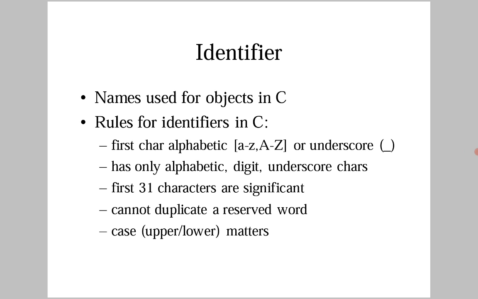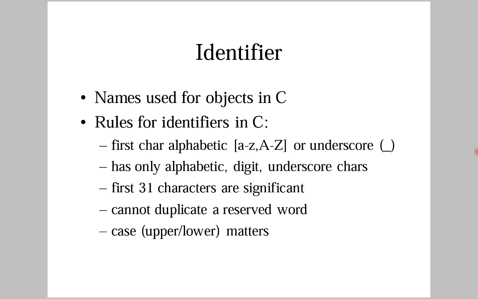First, every identifier or variable should start with an alphabet or a character, either small a to z, capital A to Z, or underscore.